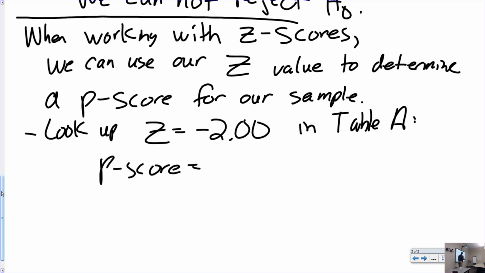So what is the percentage for z equal negative 2? What was it? 0.0228.